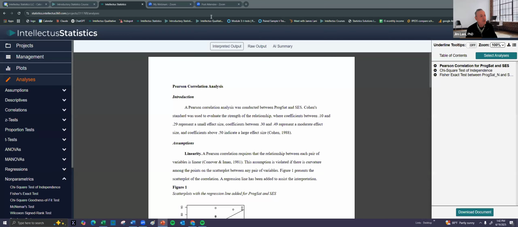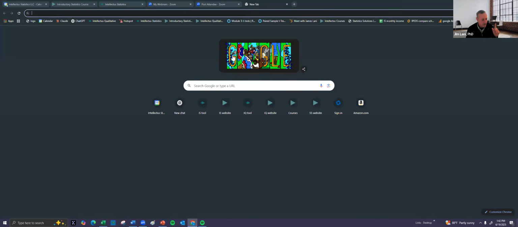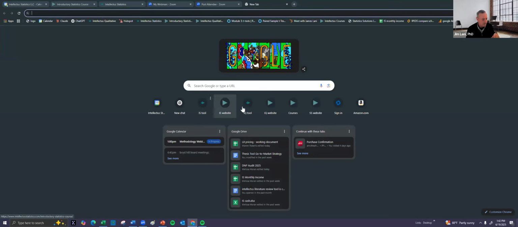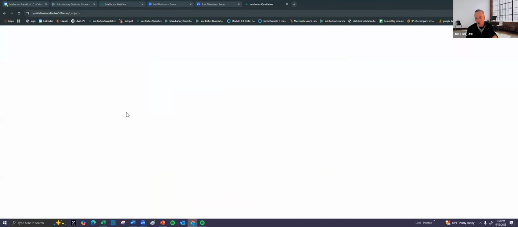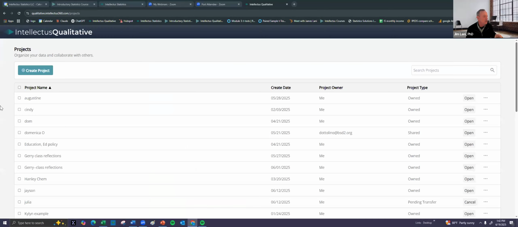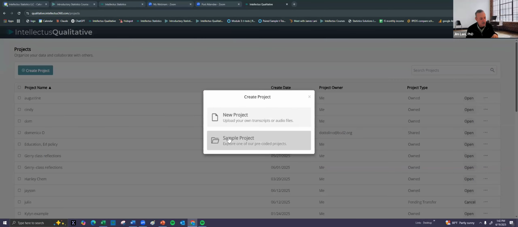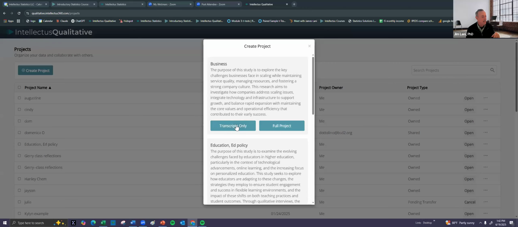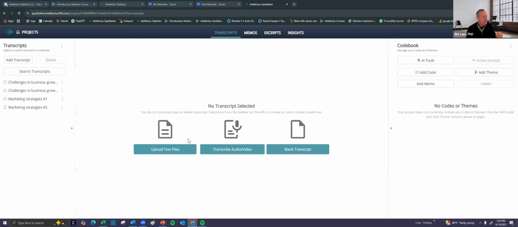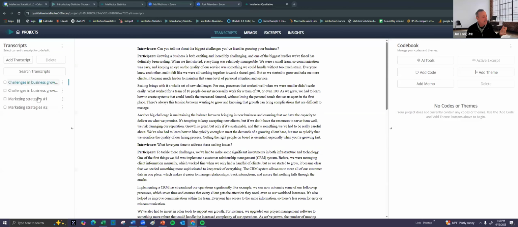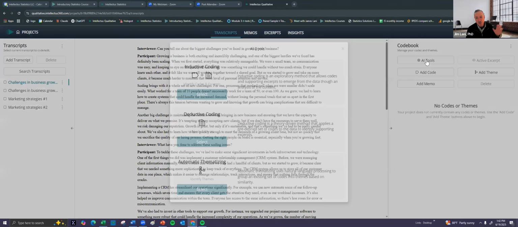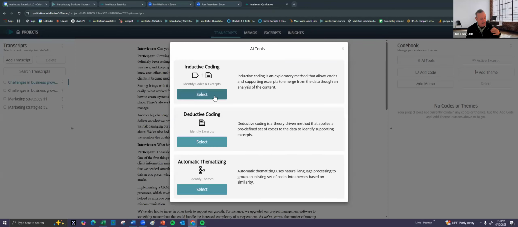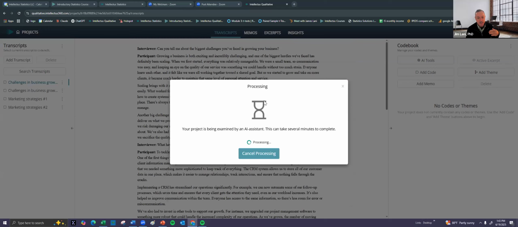I want to just poke at the qualitative tool real quick, just to show you, after you go through the methodology and after you collect data, here's an example of simple business for interviews, but just to share with you what's happening these days, that inductive coding is here.